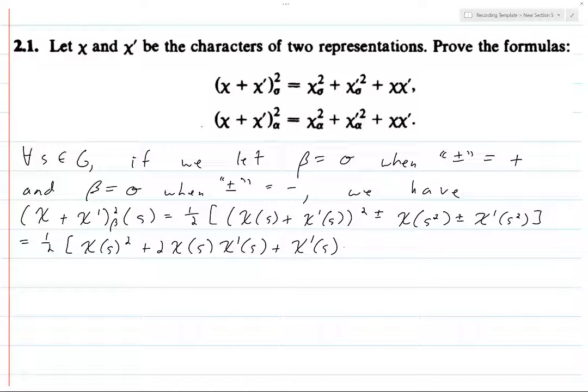So if rho goes from G to GL(V), and V is a vector space over F, where F is a field, then chi of an element will give us the trace of a matrix in V, which is an element of the field F. Okay, so we can FOIL this and it works out fine.